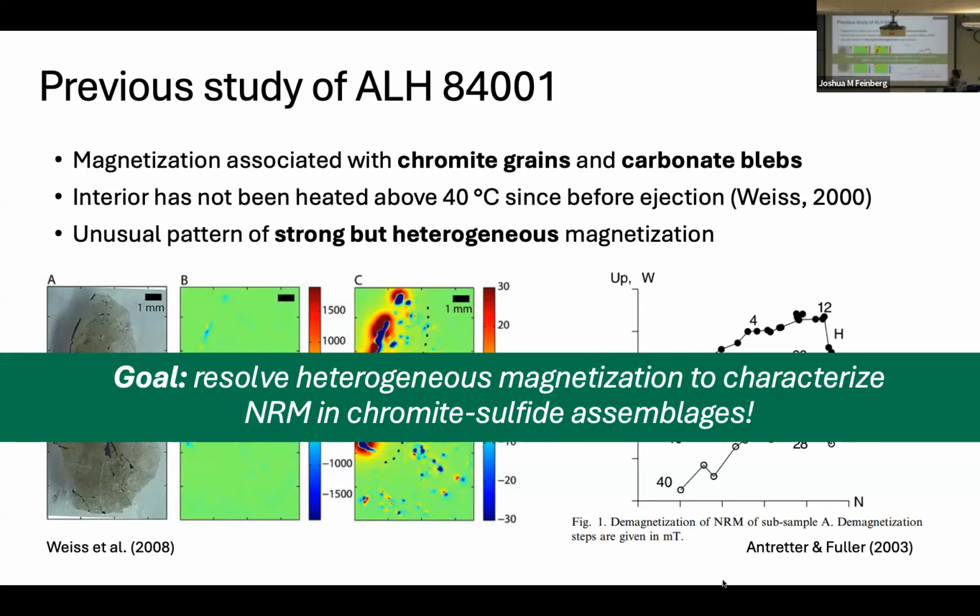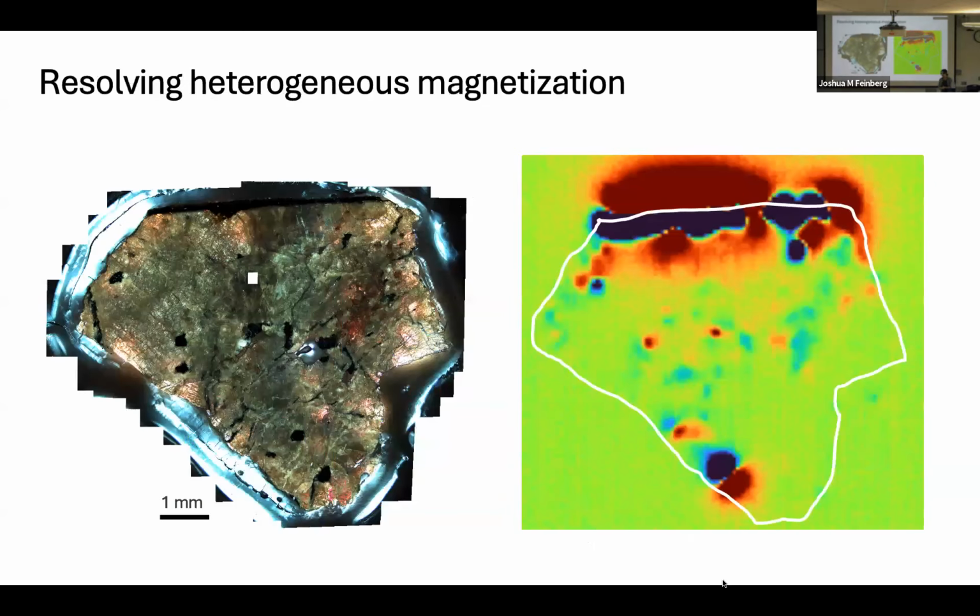Our particular goal here was to characterize the inner rim in the chromite sulfide assemblages, since these are the oldest magnetic materials in the rock. So this is an image of a slice of ALH 84001 with a SQUID microscope, just to give a sense of what previously we would have been able to resolve. You can see this strong heterogeneous magnetization.